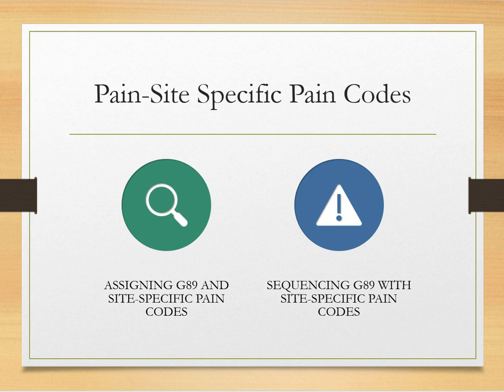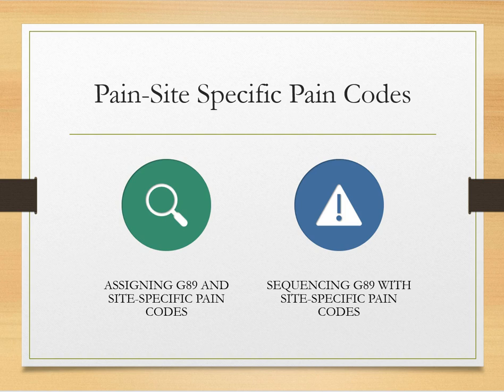Next up, in terms of sequencing our G89 codes with site-specific pain codes, we have a few rules to follow. Number one, if the encounter is for pain control or pain management, we're going to assign the code from category G89 followed by the specific site of pain.